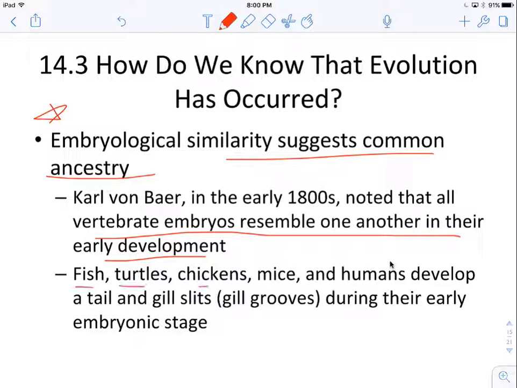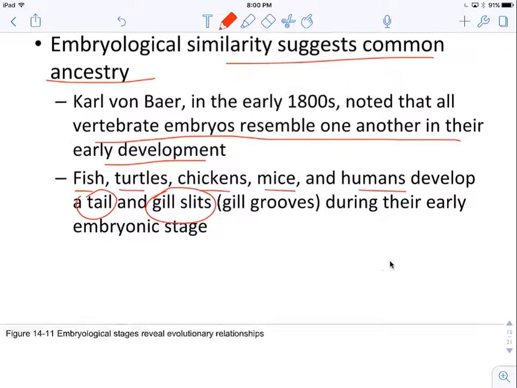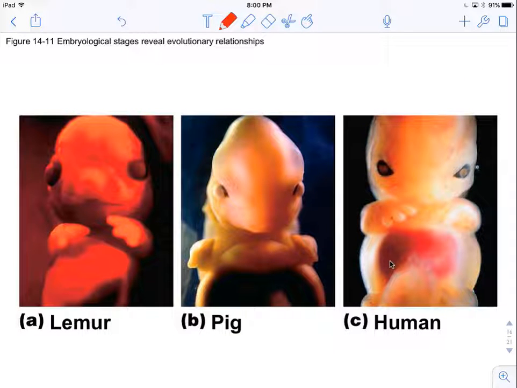So fish, turtle, chickens, mice, humans, they all look the same. They all have a tail. They all have gill slits during their early embryonic stage. Okay, and here's a picture. Here's a lemur, a pig, and a human. And I gotta say, the lemur's pretty cute, but they all look very similar to me.